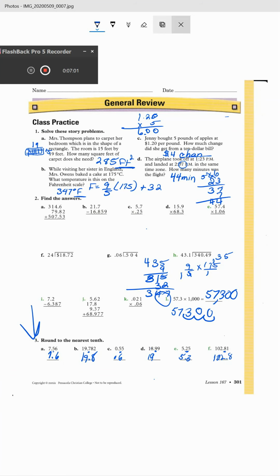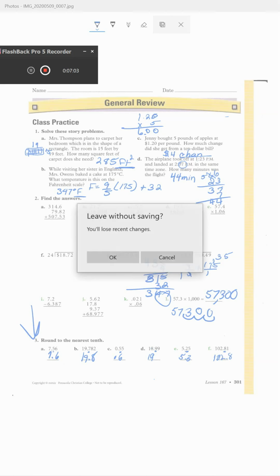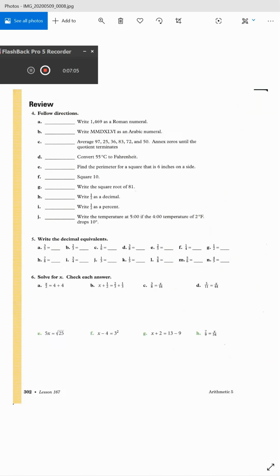Okay, let's go to the back. All right. I'm looking down at those equations again. I might do a couple of those with you. All right. A is easy.